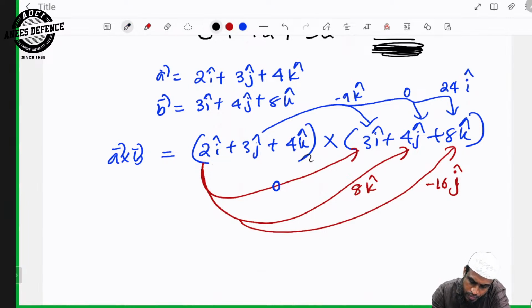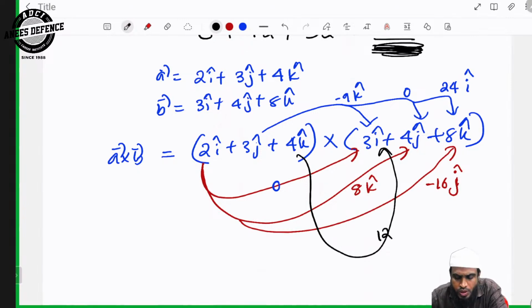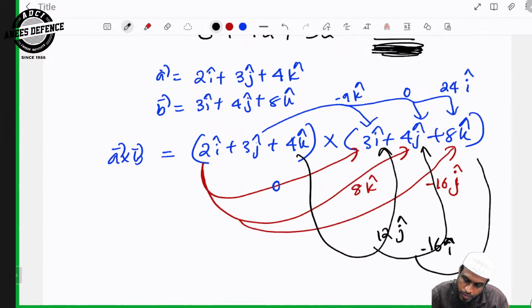Then 4k cross 3i. 4 into 3, 12. K cross I, that is normal order, so you will get 12j. Then 4k cross 4j. J cross k is normal order, k cross j is reverse order. So 4 into 4, 16. K cross j means it will be minus I. So minus 16i. The next one, 4k cross 8k.